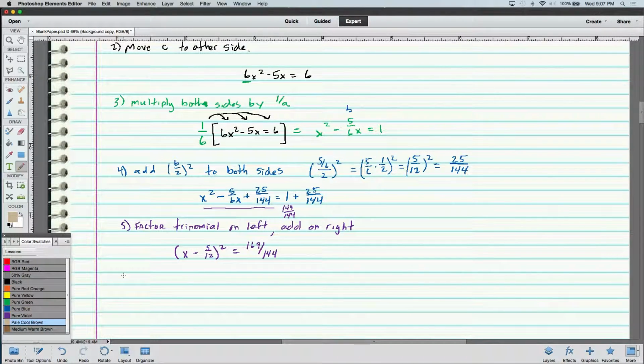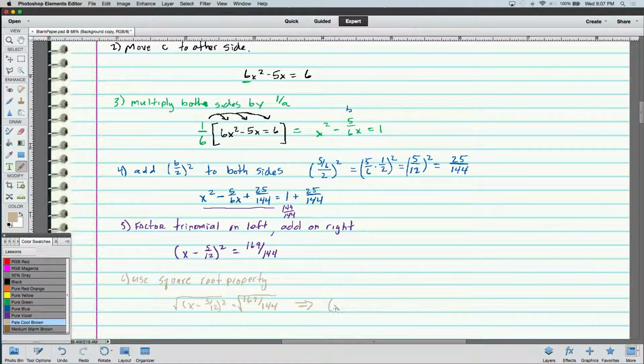And then step number 6, use square root. So we want to take the square root of the left side and the square root of the right side.